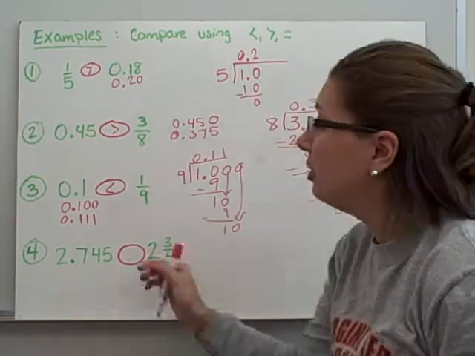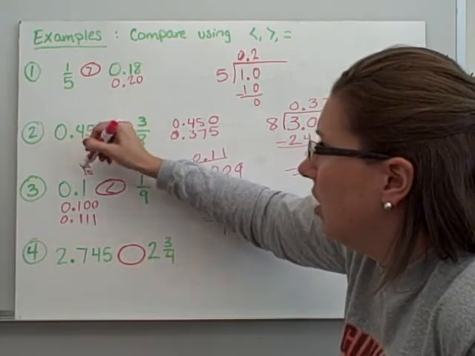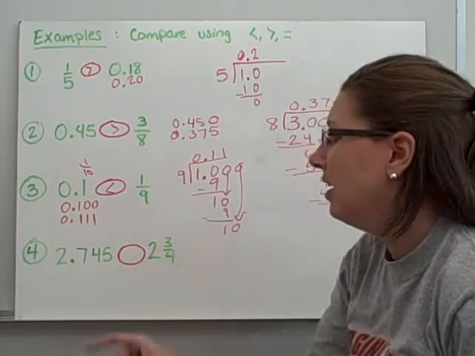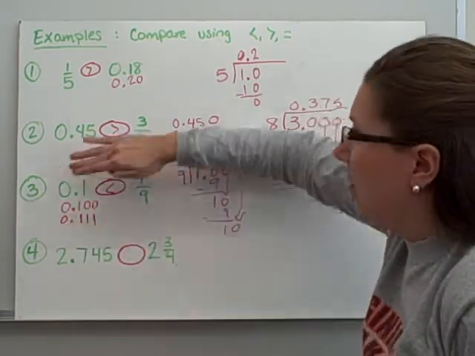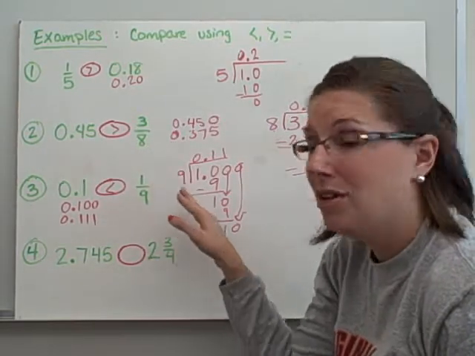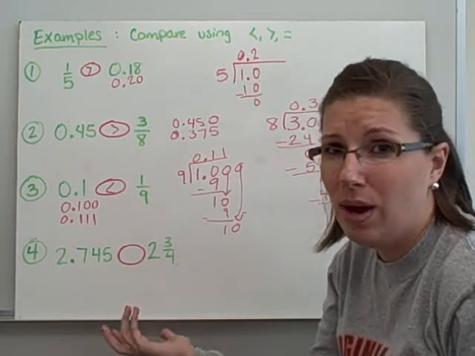I could have changed my 1/10 to a fraction, but it's harder to compare fraction to fraction than it is decimal to decimal. I might as well just convert any fraction I have to a decimal to be able to compare accurately. That's the easiest route.